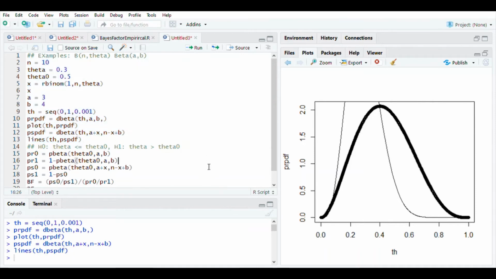So okay, this posterior mode shifted a bit. You can first plot the posterior and then plot the prior. That will also be alright.